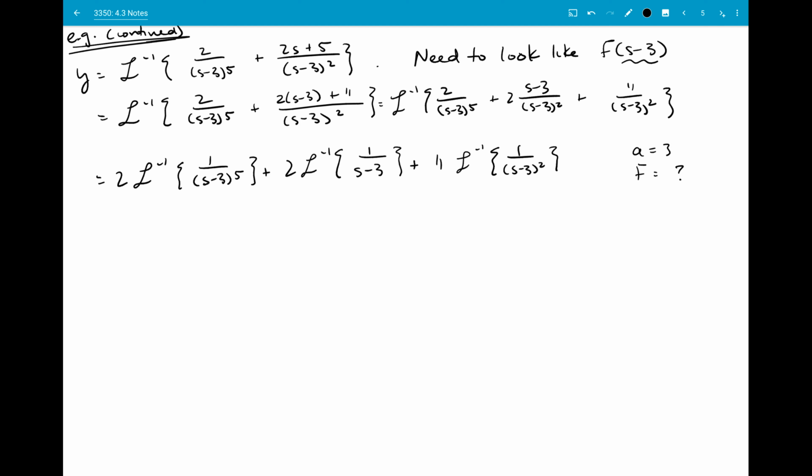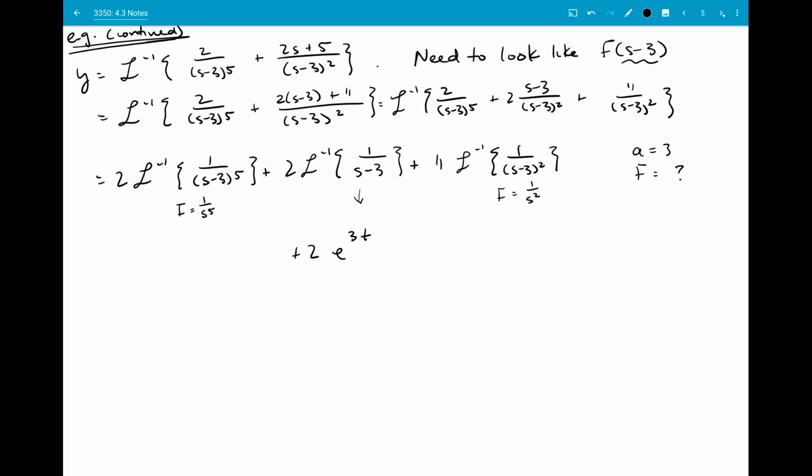So here we've got that our capital F would be like 1 over s to the 5th. Right here, we actually don't have to worry about the problem. And right here, we've got our capital F would be 1 over s squared. The reason we don't have to worry about the middle one is because we just know that that's e to the 3t.